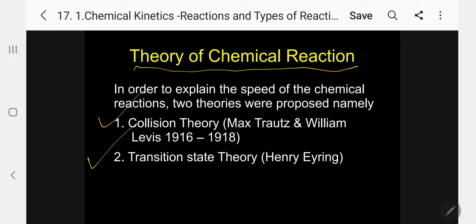Another theory, transition state theory, introduced by Henry Eyring. But here, as per our syllabus, we are concentrating only on the first one, collision theory, whereas transition state theory will be discussed at a higher level, that is BSc and MSc. So I will concentrate only on collision theory.